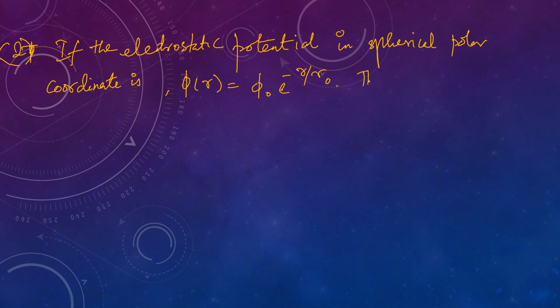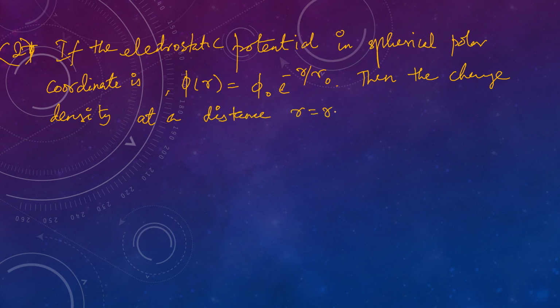Then the charge density at a distance r equal to r naught will be how much? Option A, epsilon naught phi naught by e r naught square.